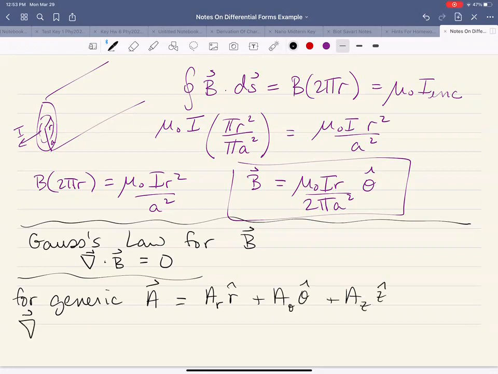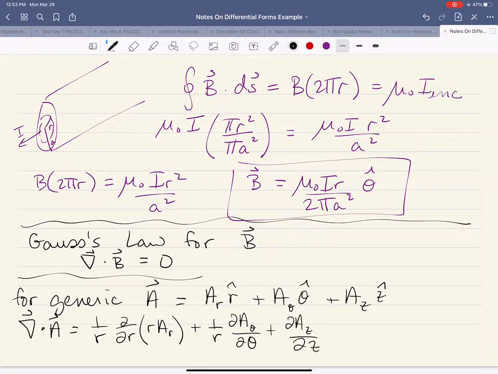Then del dot A would be equal to 1 over r, the partial with respect to r of r times A_r, plus 1 over r, partial of A theta with respect to theta, plus partial of A_z with respect to z. So that's how you do the dot product of the gradient with the vector for cylindrical coordinates, okay?